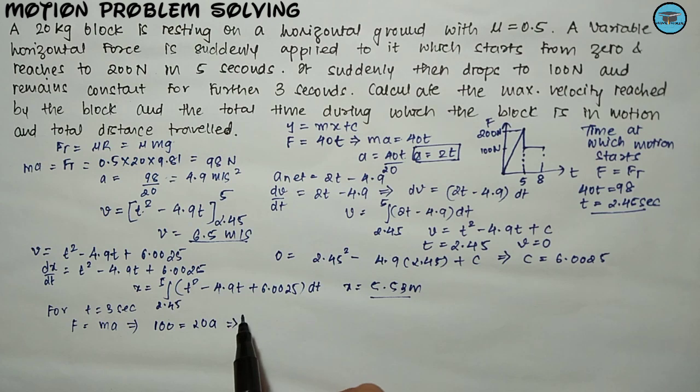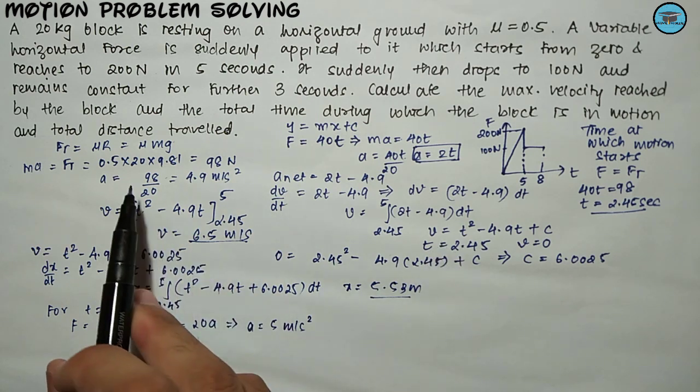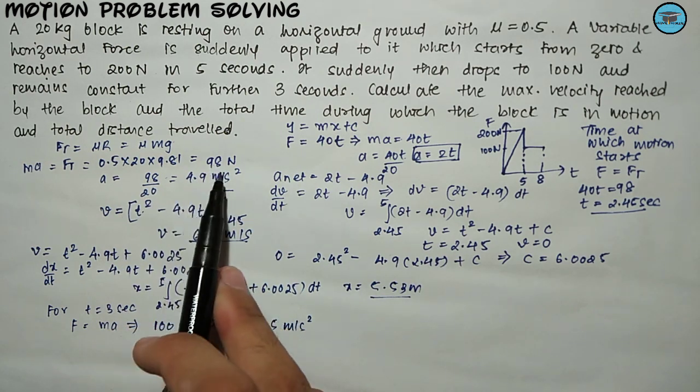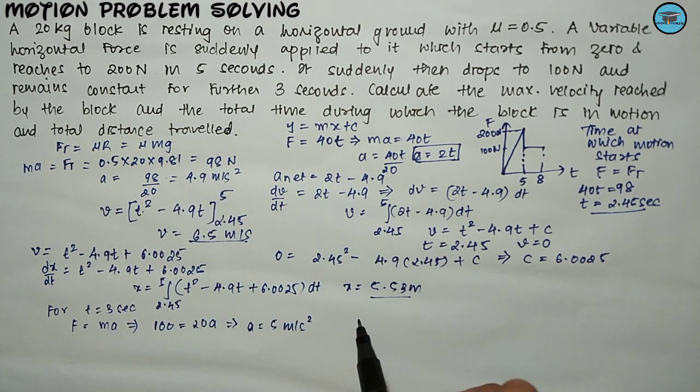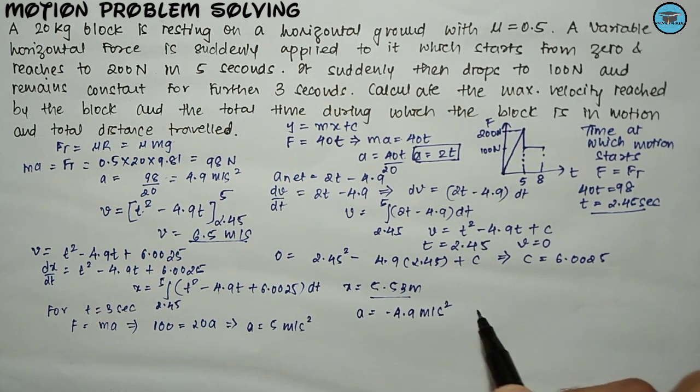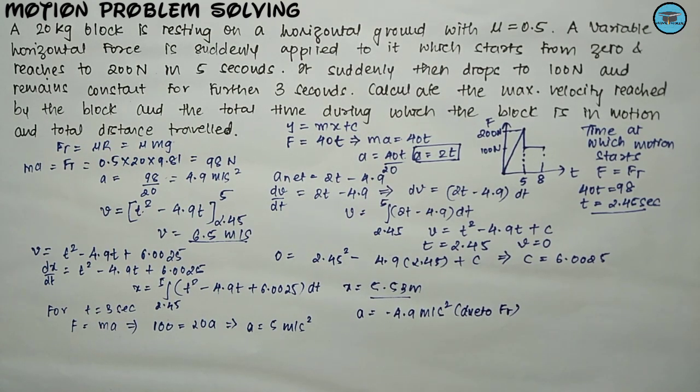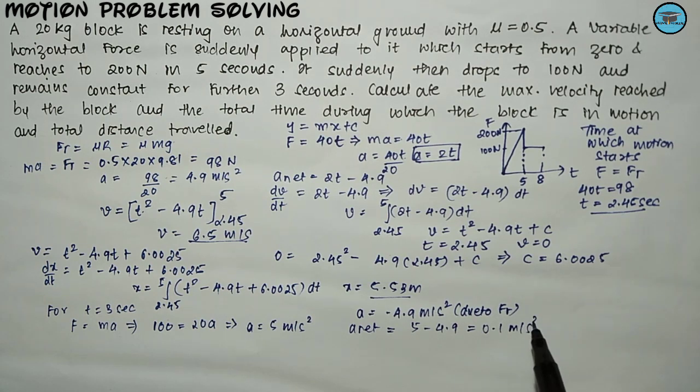So the value of a comes out to be 5 meter per second square, and there is a frictional force acting with a magnitude of 98 Newton, due to which acceleration is produced, that is minus 4.9 meter per second square due to the frictional force. So the net acceleration a net equals 5 minus 4.9, that is equal to 0.1 meter per second square.